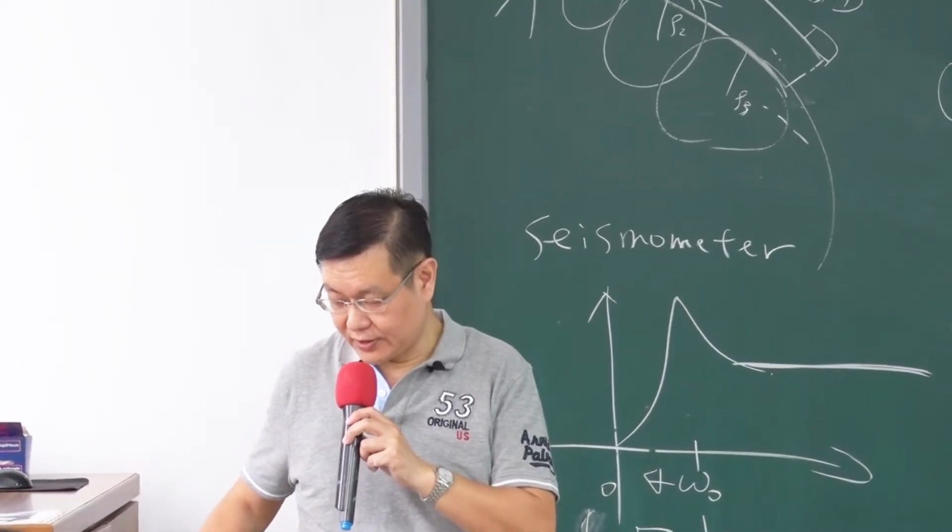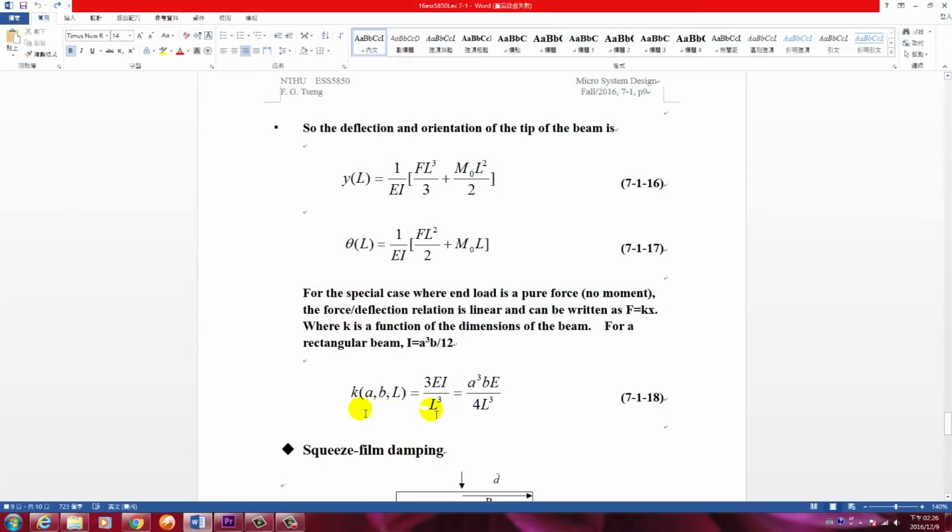The interesting thing is that for a higher natural frequency, you need to increase the spring constant. That means you need to increase this value, which means you need a shorter beam, because length is cubed on the bottom. You also need a larger Young's modulus and a larger moment of inertia in order to get a higher spring constant from this equation.